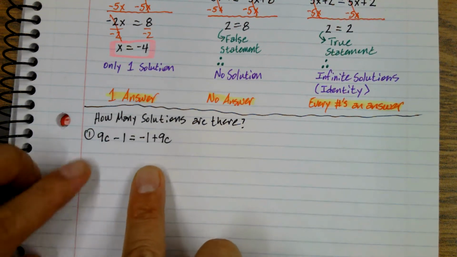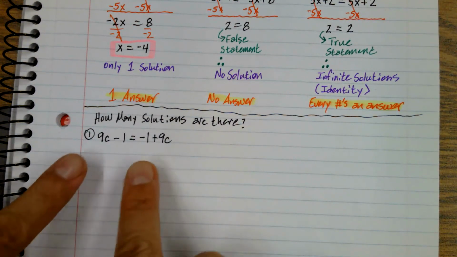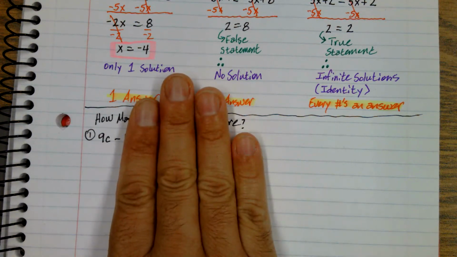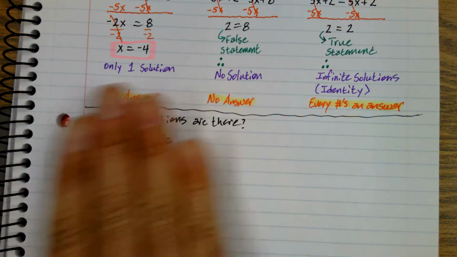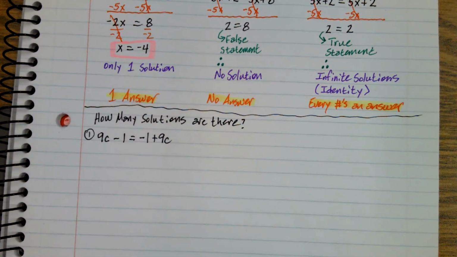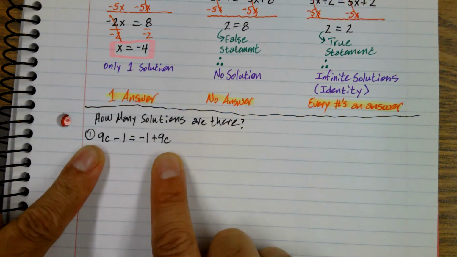Let's get rid of, we got variables on both sides. So we run down the things we normally do. Can we distribute? No, we can't distribute. Can I combine terms on either side? Can't combine anything there. I can't combine anything here. Are there variables on both sides? Yes, there are. So now we do that.